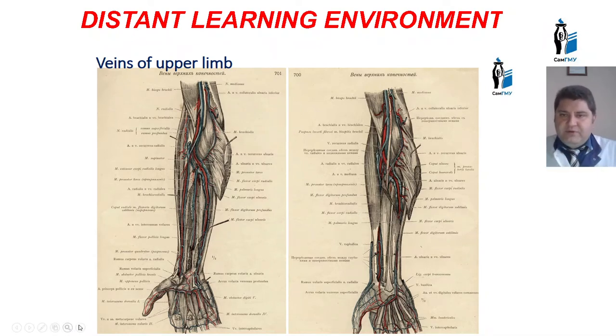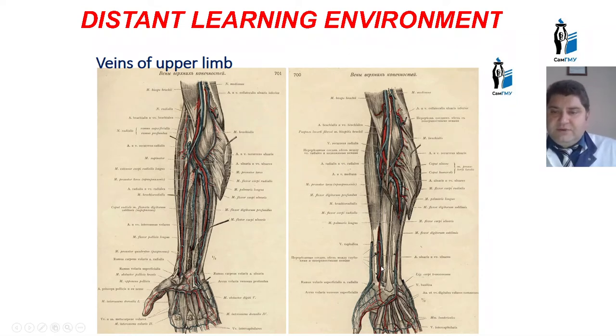For example, you may see in this picture that this is one ulnar artery, and you may see two ulnar veins over this ulnar artery. And here you may see one radial artery, and you may also see two radial veins over the radial artery.